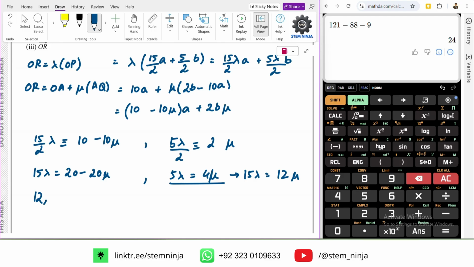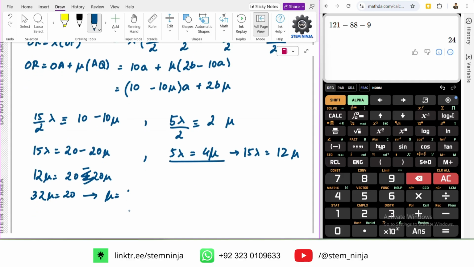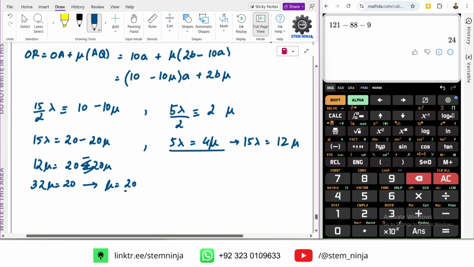So therefore 12 mu is equal to 20 minus 20 mu. So 12 plus 20, that is 32 mu, equals 20, so mu is equal to 20 over 32, which is 5 over 8.